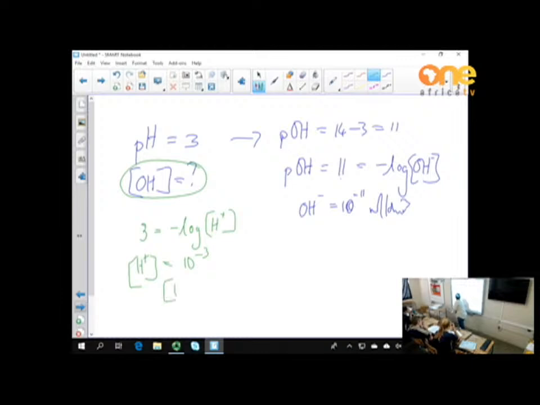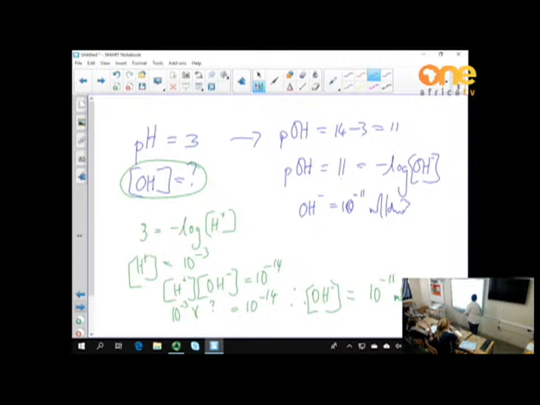So we know hydrogen ion concentration times hydroxide is 10 to the power minus 14. So 10 to the power minus 3 times what is equal to 10 to the power minus 14. So hydroxide ion concentration is equal to 10 to the power minus 11. All right, there we go.